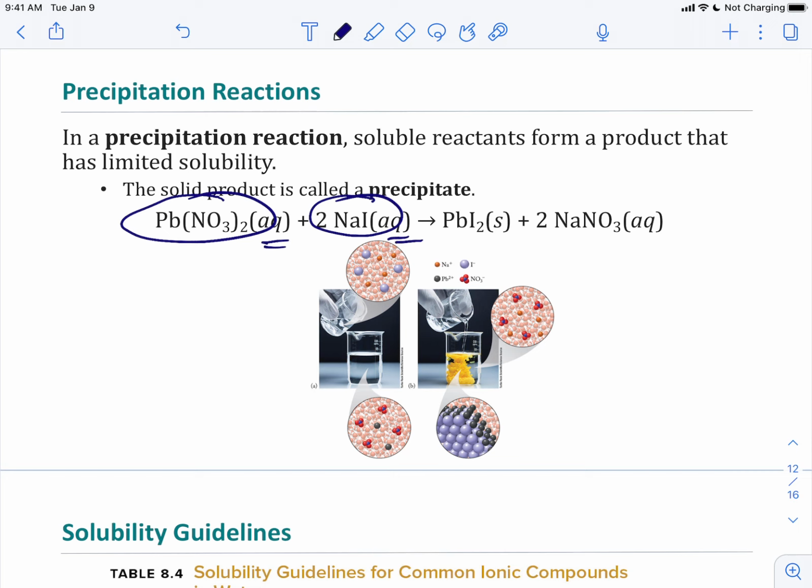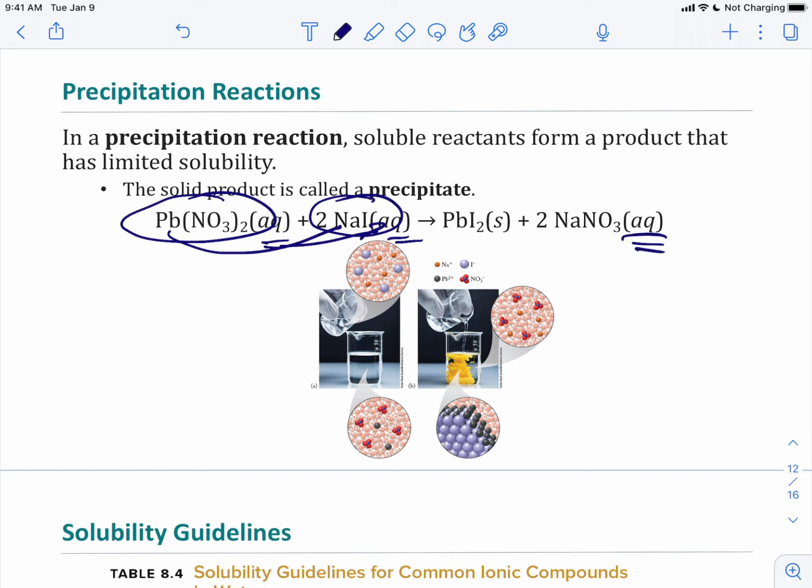But when they get together into the same beaker, if you will, the same solution, they can form a species that doesn't like, if you will, to be as ions in solution. So you can see they basically just swap partners. The lead and the iodide swap. The nitrate and the iodide ion swap, and you get the lead iodide and the sodium nitrate.